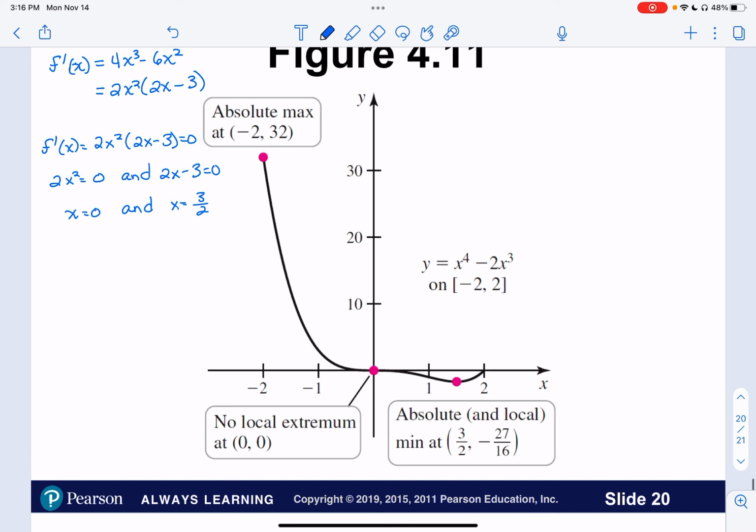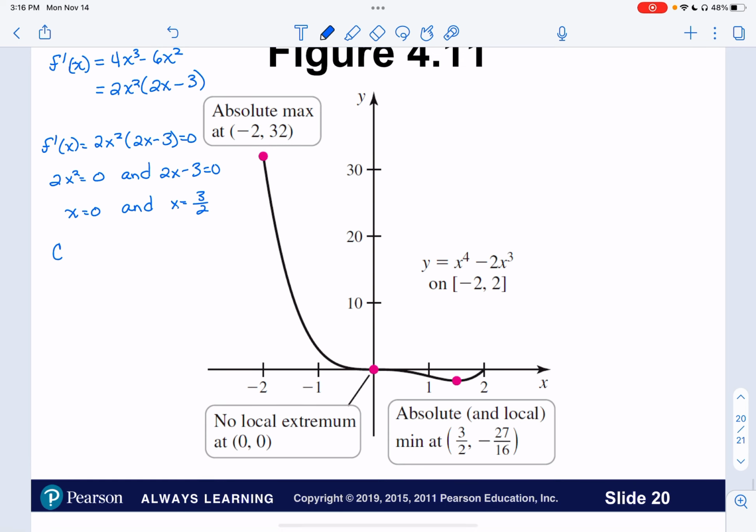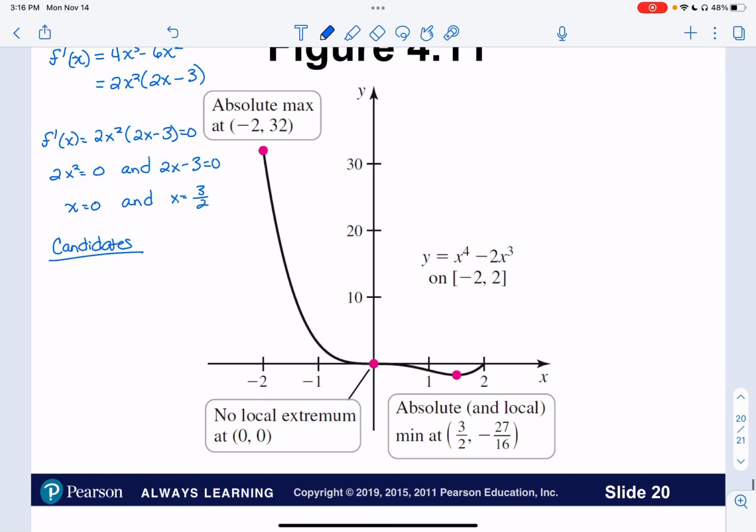So my candidates then for my extrema are going to be at x equals 0, at x equals 3 halves, at x equals -2, and at x equals 2, because those are my endpoints, right?